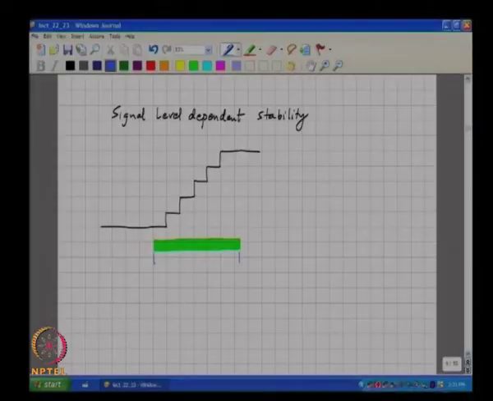Okay. So, this is, let us say pictorially, the stable input range.